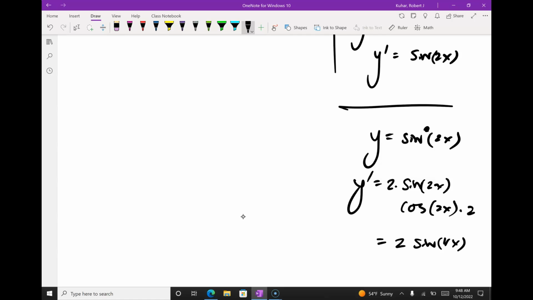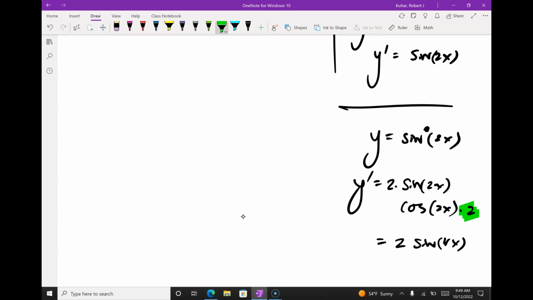Who's confused by that one? It's the same identity. 2 sine theta cos theta is sine of twice theta. And then I have an extra 2. Don't you just multiply that in?